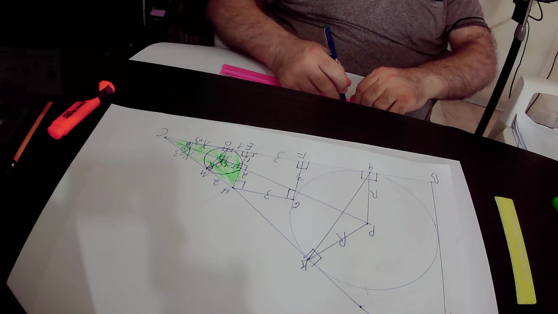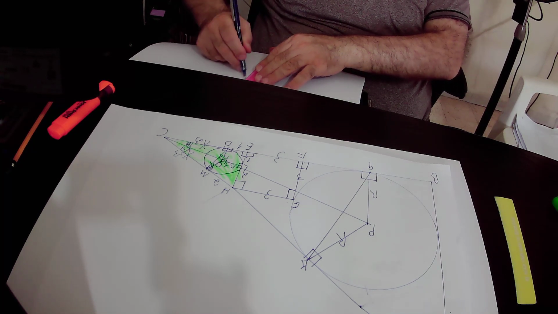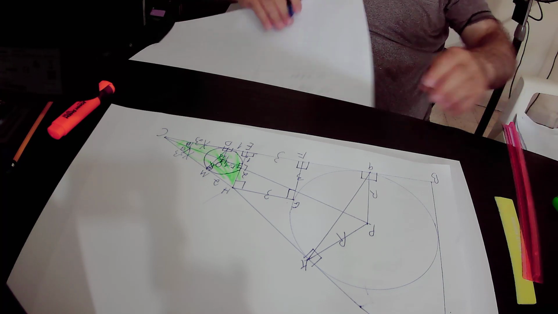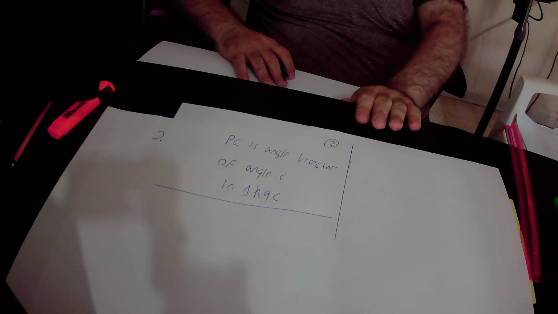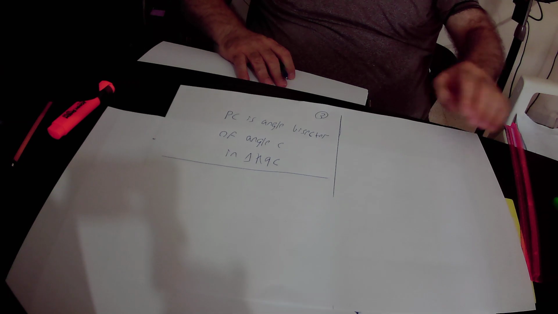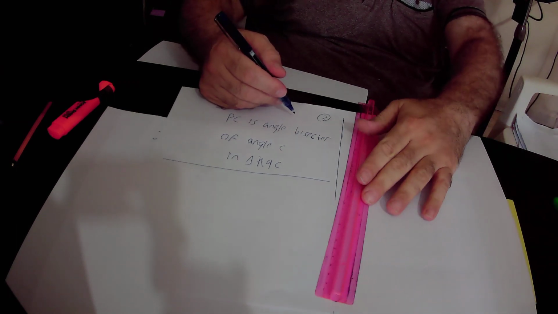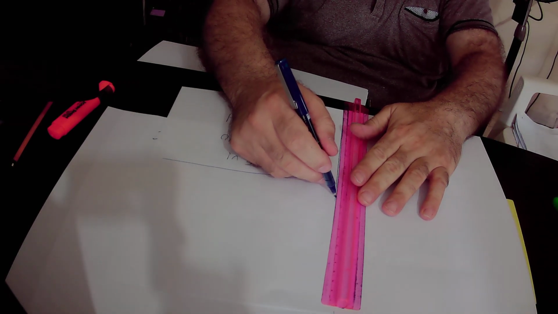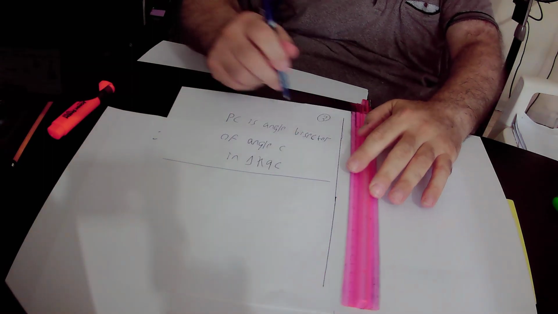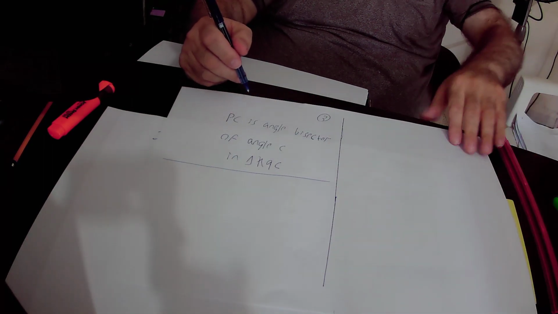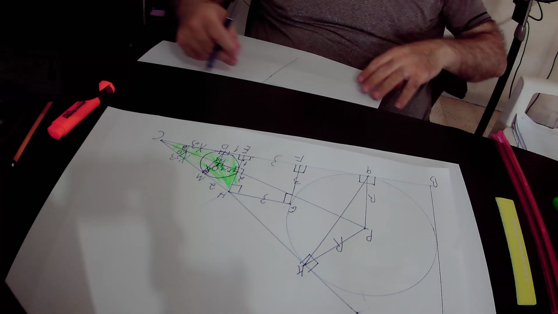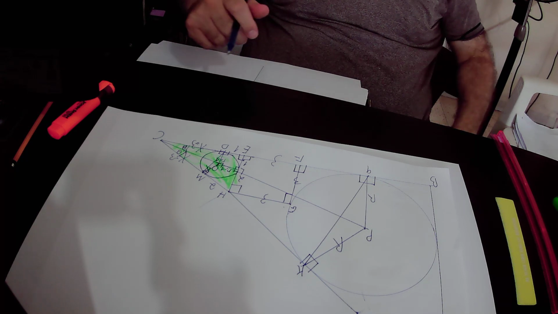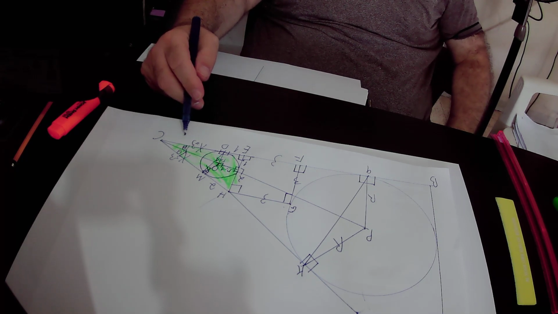I'll repeat again. We actually proved that PC is the angle bisector of angle C in triangle KQC. We found out that angle C has two angle bisectors, CO and PC. They both bisect angle C into two halves, each half equal to theta.